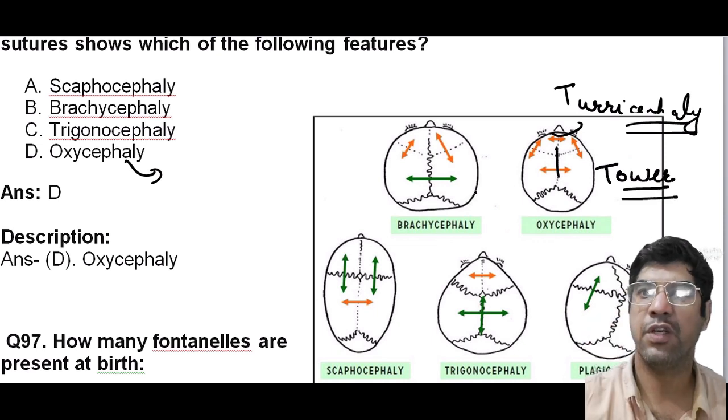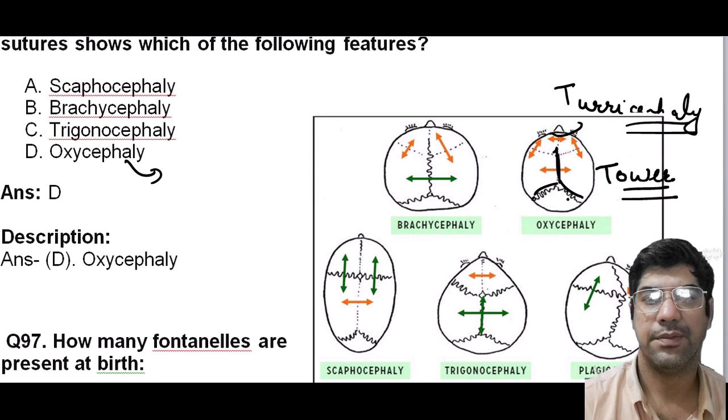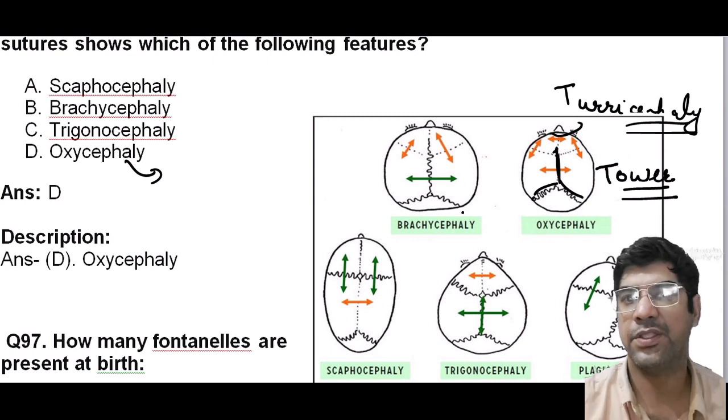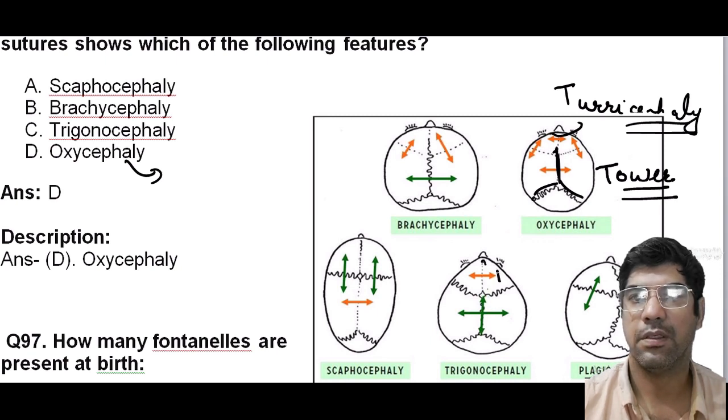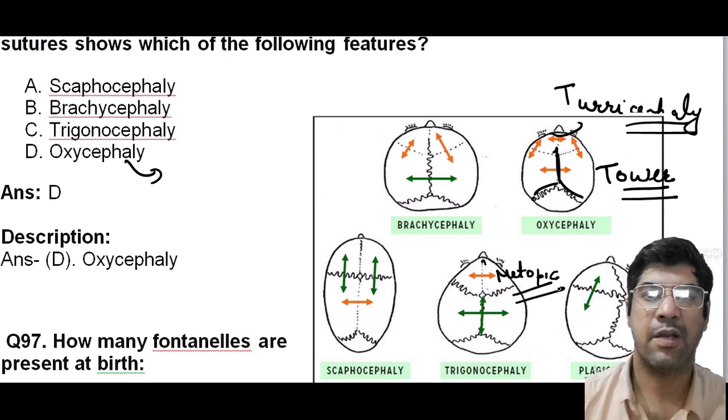It involves the fusion of both the sagittal and coronal sutures. Trigonocephaly involves premature fusion of the metopic suture, which creates a triangular shape at the front of the skull, giving a pointed appearance of the forehead.